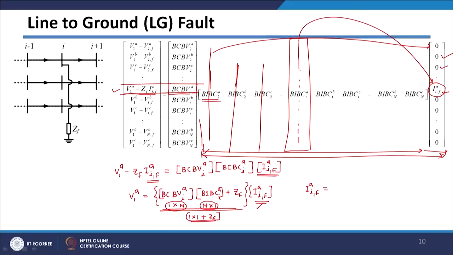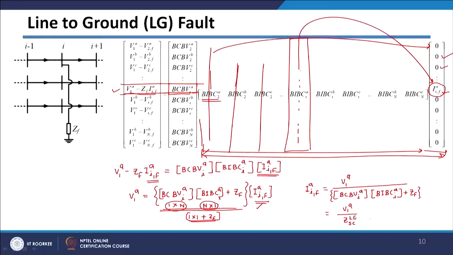So this will be just one complex number: V1A divided by BCBV times BIBC plus ZF, and this is V1A divided by Z SC in case of LG fault.